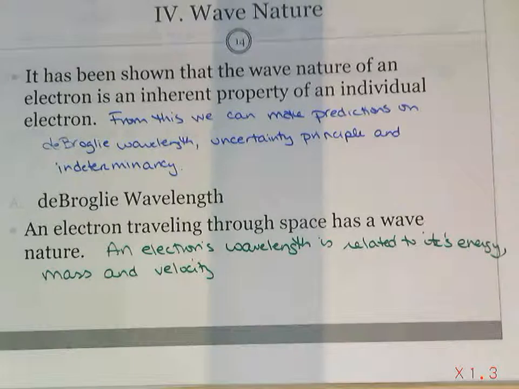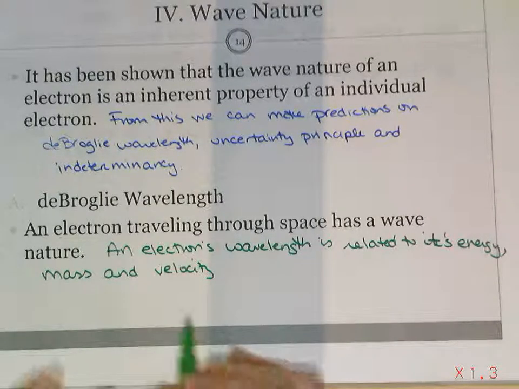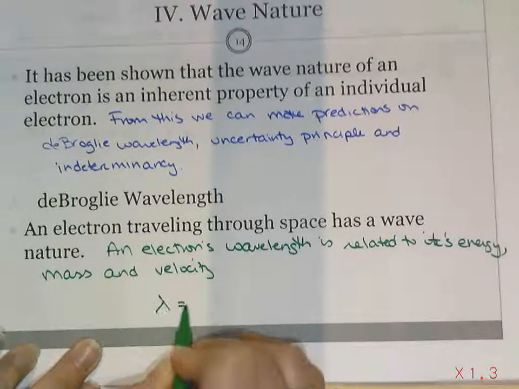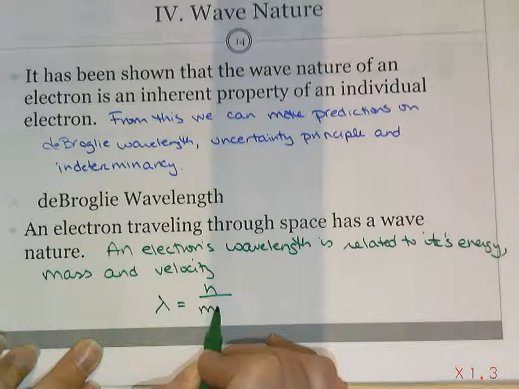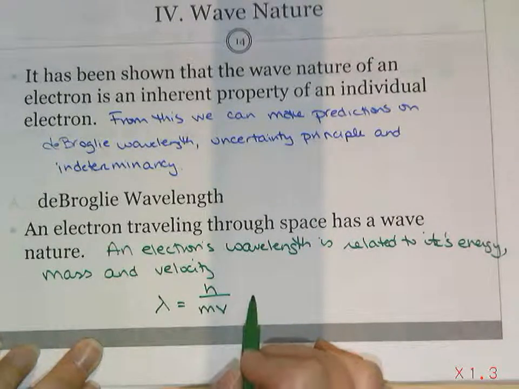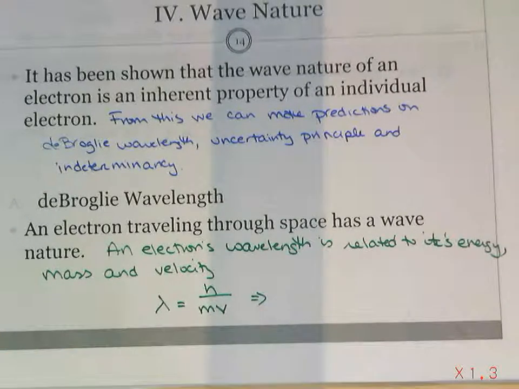So we can relate these mathematically. Where I say wavelength is equal to Planck's constant divided by mv.